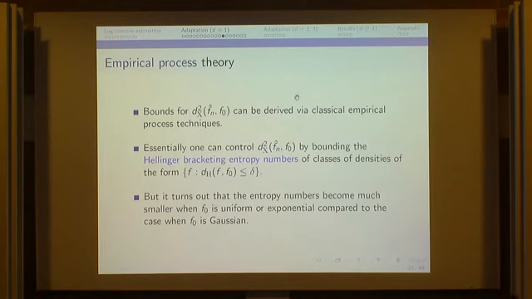In my previous work with Richard, we proved that for the class of log-concave densities with mean and variance restrictions, the Hellinger bracketing number is like this. But if we restrict our class of densities near f0, when f0 is quite simple, then we can prove that this number is much smaller than the global entropy numbers.